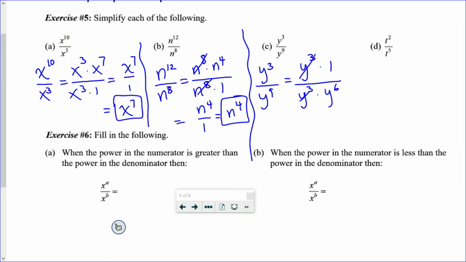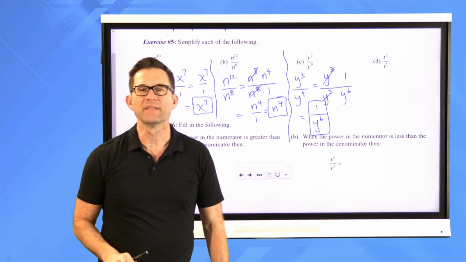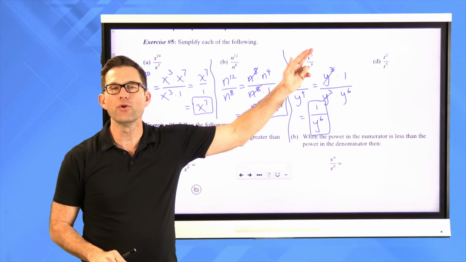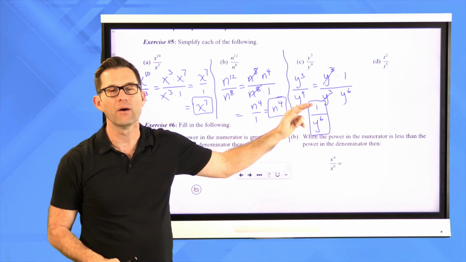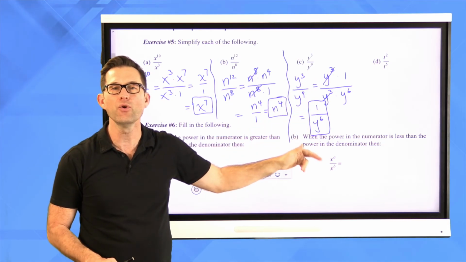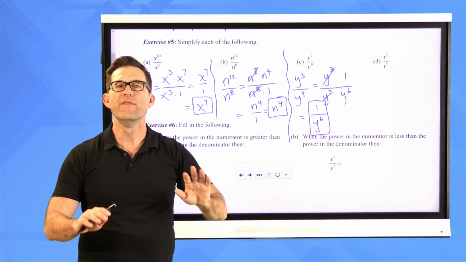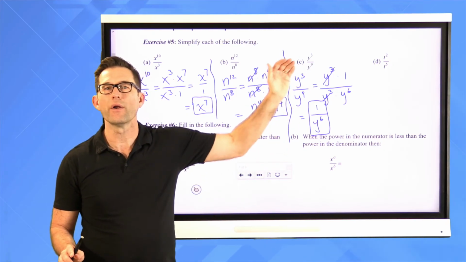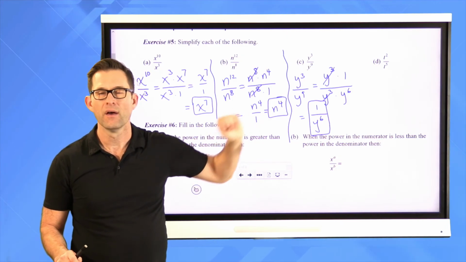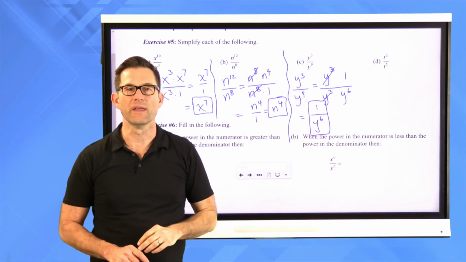Those two will divide out to be 1, and we'll be left with 1 divided by y to the sixth. Again, it's like y to the third in the numerator is dividing out y to the third in the denominator, but we end up with a 1 in the numerator, okay? Very, very important. The answer here is not y to the sixth, it's 1 over y to the sixth. Why don't you go ahead and do letter D?